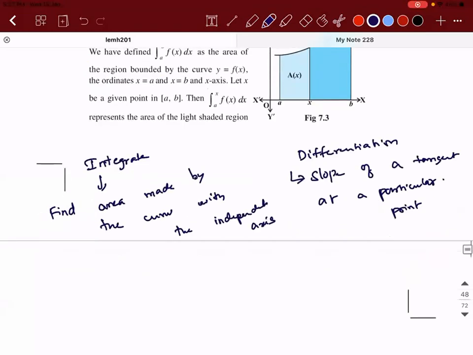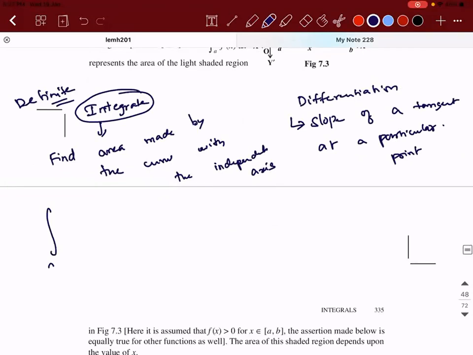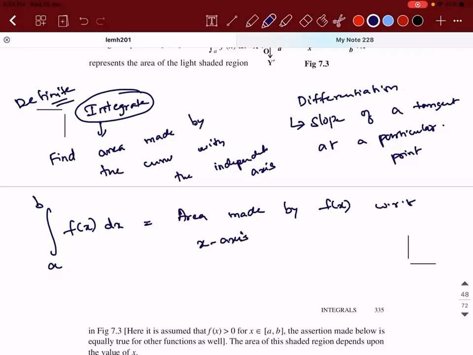So when I talk about integration, I mean definite integration. The integral of a to b f of x dx is going to give you the area made by f of x with respect to the x-axis.